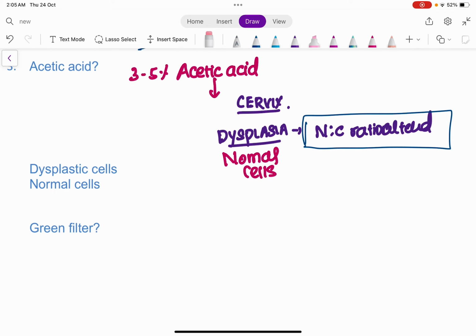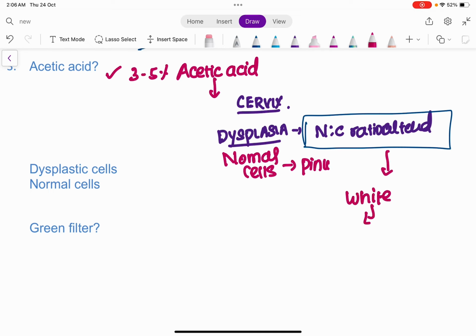Dysplasia means there is going to be abnormal growth and proliferation of these cells, right? If abnormal growth and proliferation occur, definitely the nuclear cytoplasmic ratio is going to get altered. So based on this fact, if you apply around 3 to 5% of acetic acid to the cervix, the normal cells will stain pink in color, whereas the dysplastic cells are going to appear white in color.